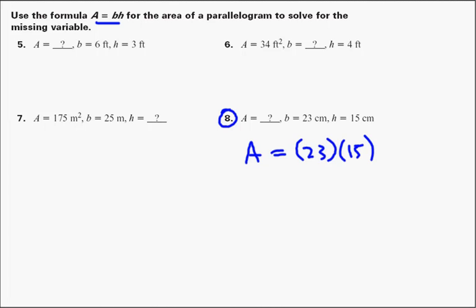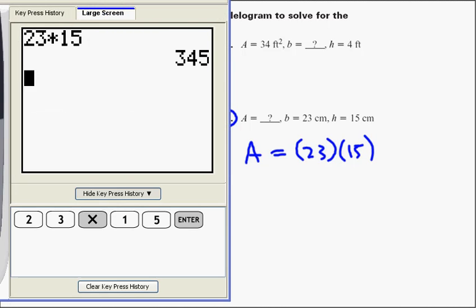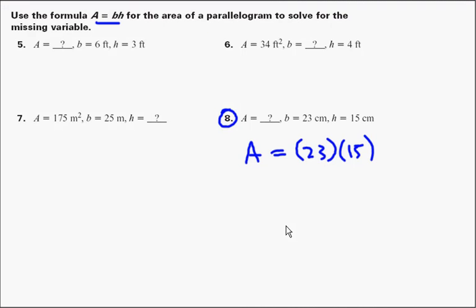Both of these are in centimeters. 23 times 15 is 345. Now this has to be in square units, so 345 centimeters squared. If you wrote SQCM, that's fine too.